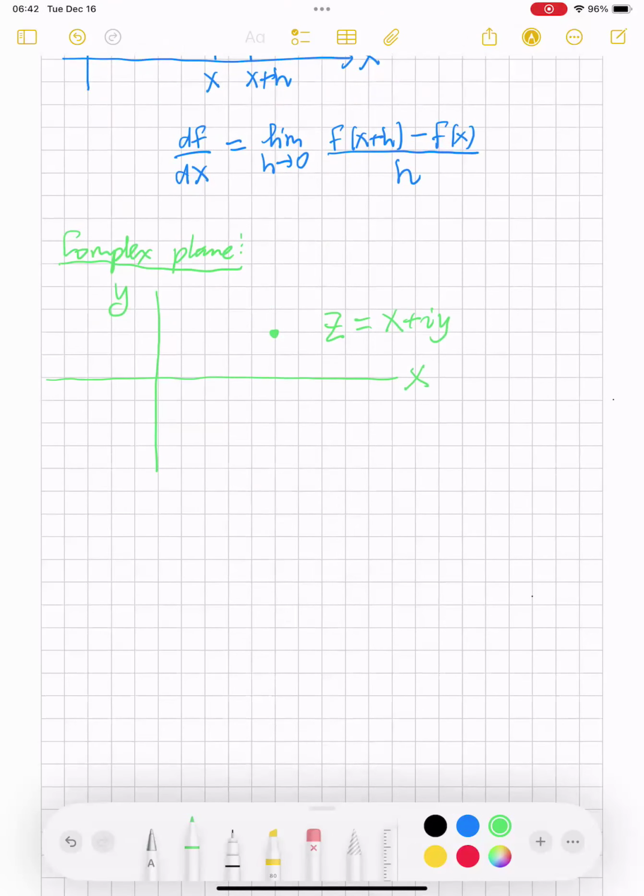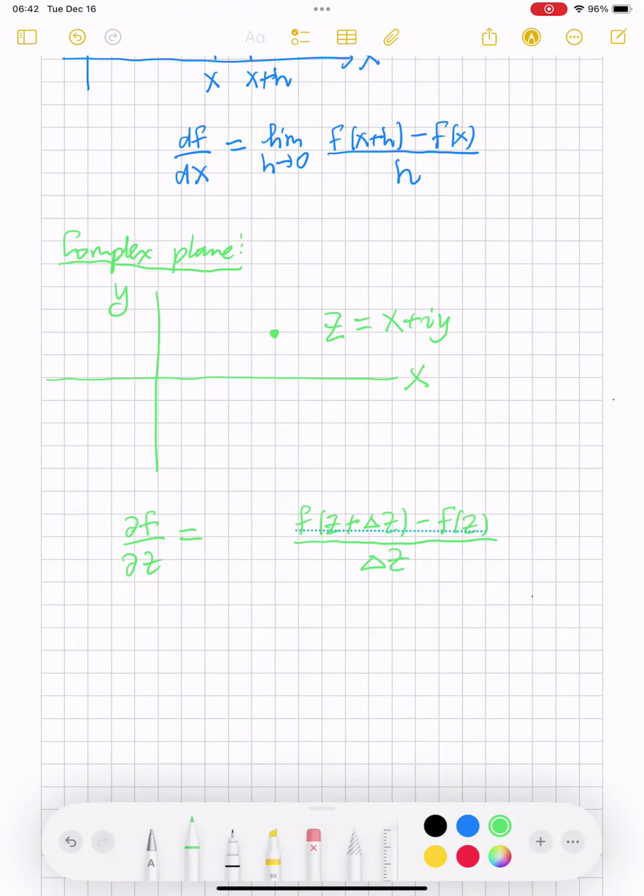And then if we want to calculate the derivative, well, df/dz is defined in a very similar way. We take f of z plus, I'm going to call it delta z, minus f of z, and then we divide by delta z.